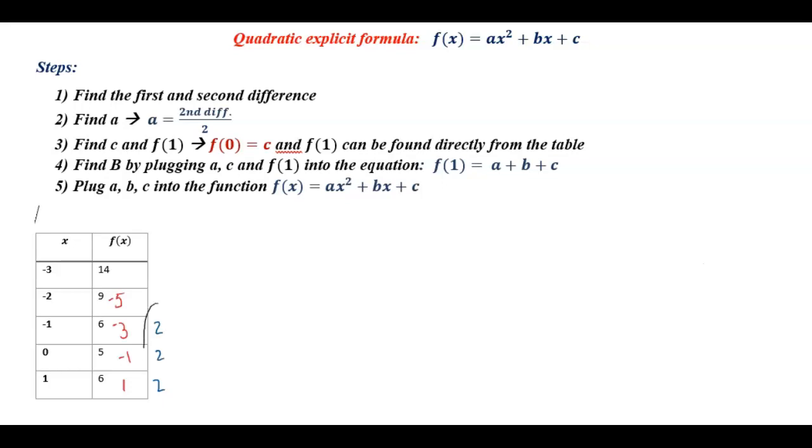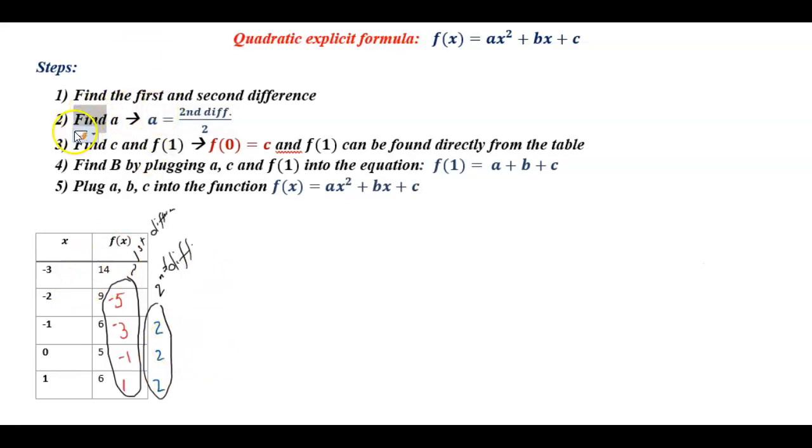All right, so this is our second difference right here, and it is constant. And here is our first difference, and it's linear. So now that we have the second difference, we know that it is quadratic because our second difference is constant. Our second difference is 2 in this case.